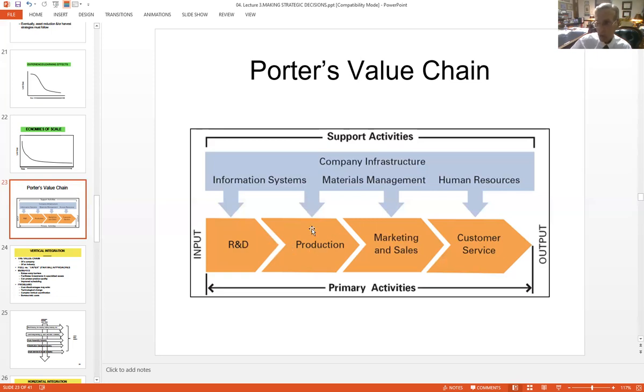So Porter's value chain really enlightened us as to how to think about the creation of value in our own processes. And of course, there's a difference to be made between activities that support all of these direct primary activities, and they're called support activities, and I won't bore you with those.